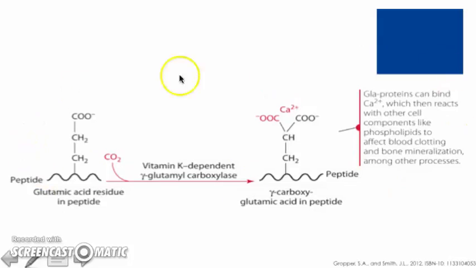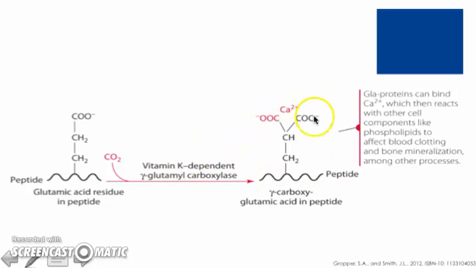So we see here in this diagram this carboxylation reaction. We have a general peptide and a glutamic acid residue on that peptide, and then we have the carboxylation of that glutamic acid residue with this vitamin K dependent carboxylase enzyme.